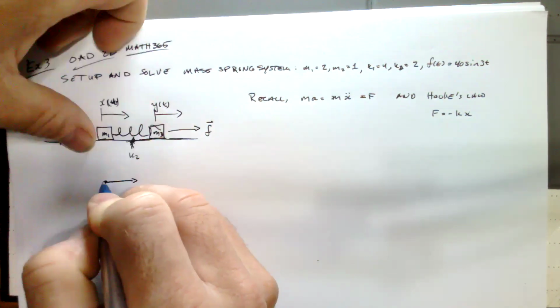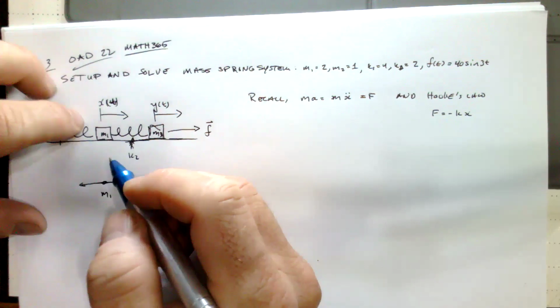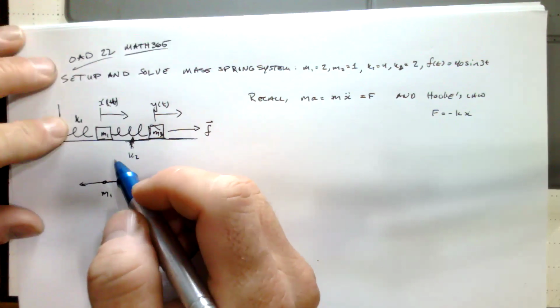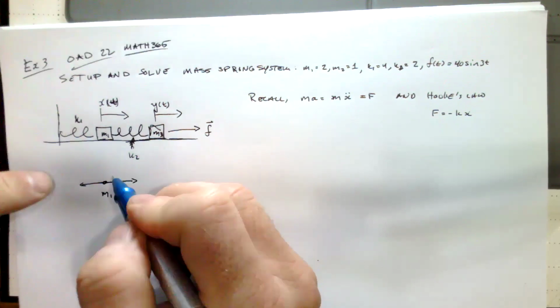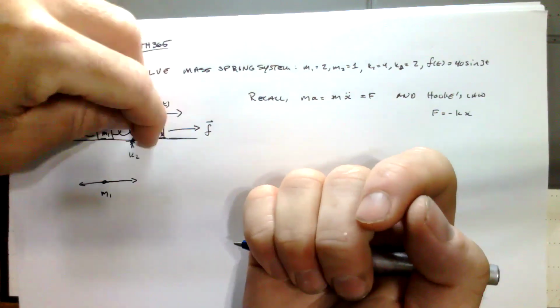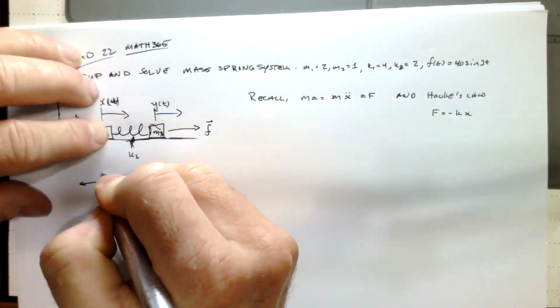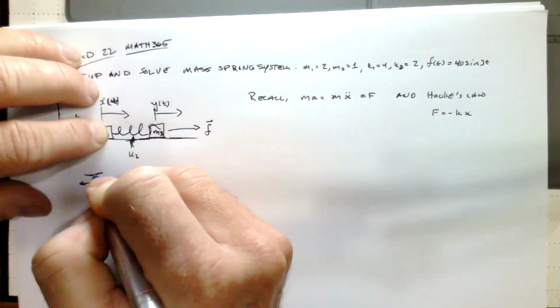But then as soon as it's pulled, it's going to feel a force in the other direction, which is going to be due to the K1 spring here. So you have this force pulling it this way, but then the spring is going to pull with another force in the opposite direction.